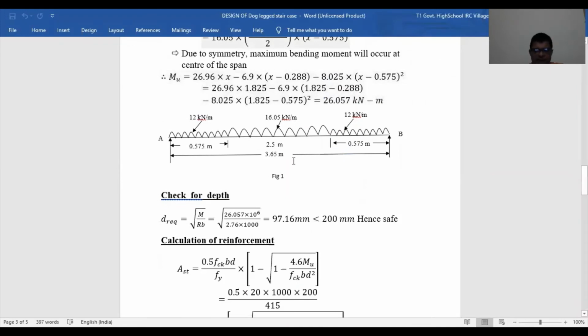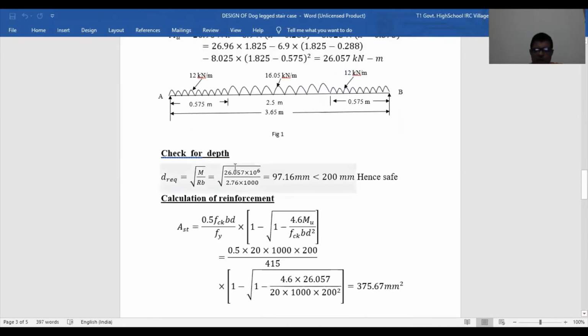Once you find the maximum bending moment and shear force, then you have to check for depth. For the depth check, the maximum bending moment is equal to the ultimate moment Mu limiting, and Mu limiting is equal to R into b d square, and R is the value for M20 and Fe415, it is 2.76. We have already discussed this, and so d comes out to 97 millimeter.